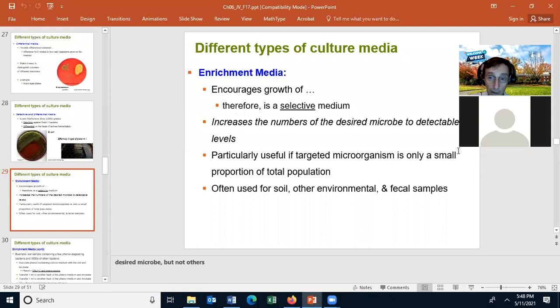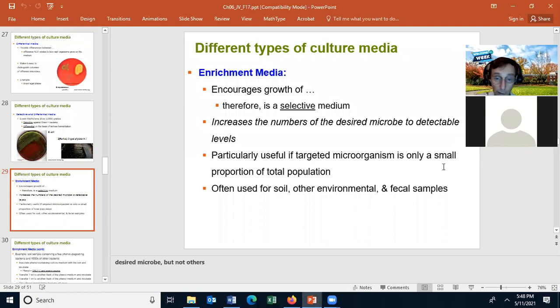This is particularly useful if we're looking for a microorganism that is only a very small percentage of the population, which is often the case when we're looking for a specific species of microbe in the soil, another environmental microbe, or a human pathogen that we're obtaining from a fecal sample.